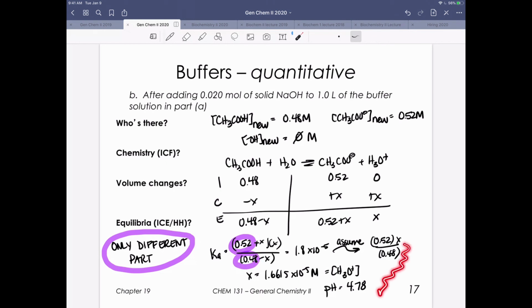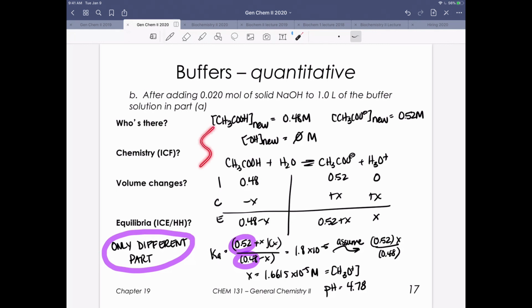Calculations become exactly the same to solve for x. x again gives us our H3O+ concentration. Negative log of that gives us pH, which is a little bit elevated because we added hydroxide to our solution.